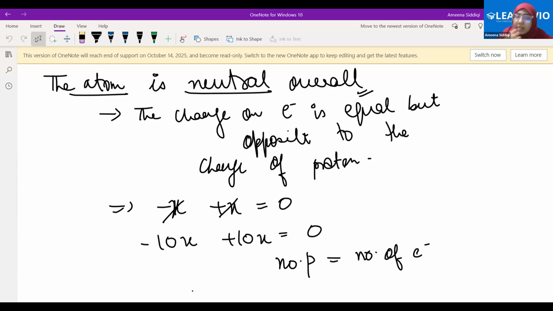We also understood how the atom really exists. It does not exist as one atom, but as a group of atoms, which we call a molecule. The molecule could be in the element form or in the compound form. But the atom exists in the combined form, not as one single individual atom.